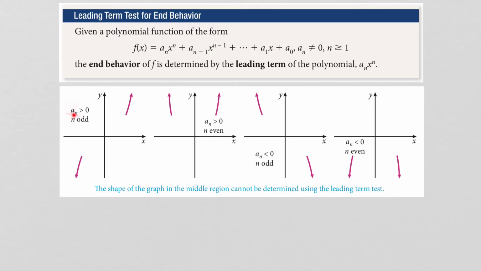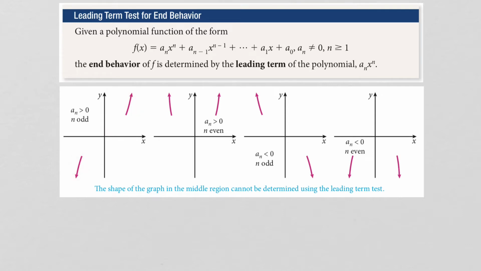Here it says a_n is positive, so that means the leading coefficient is positive, and n, which is the power, is odd. And we know already that when you have a positive leading coefficient and the power is odd, it goes up on the right side of the graph and down on the left side of the graph. Now in the middle here, lots of different things can happen, but this is the end behavior of the graph.